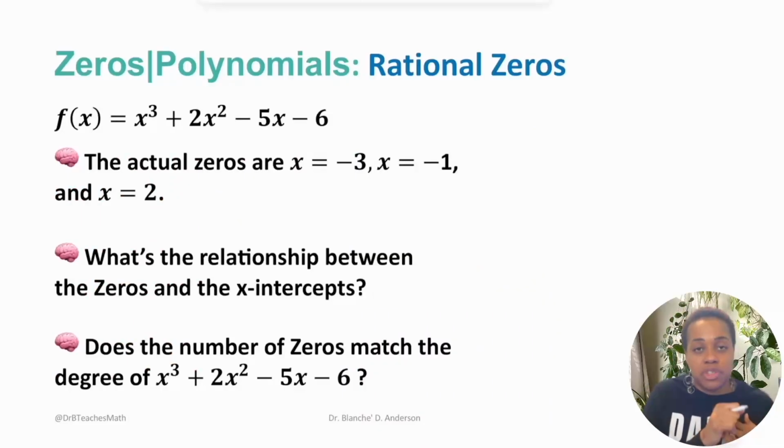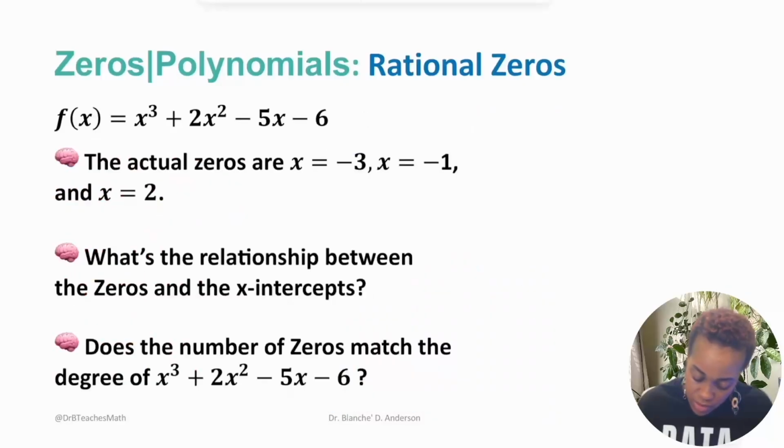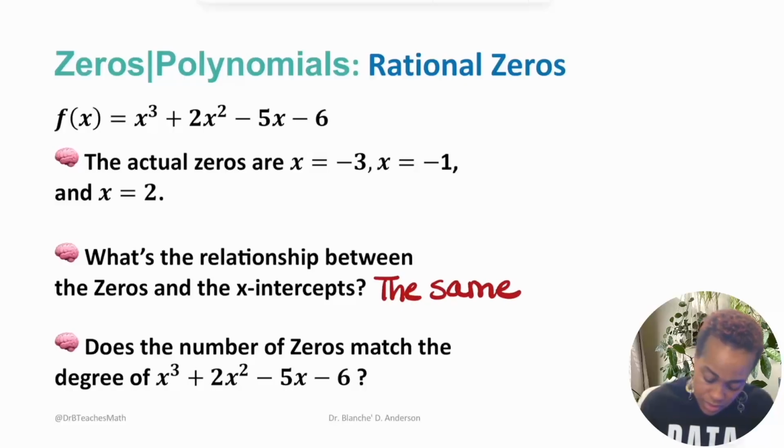What's the relationship between the zeros and the x-intercepts? Again, when we look at the graph, all of the zeros cross the x-axis. All of the zeros are where y is equal to 0. So these are x-intercepts, okay? So here I'm going to put they are the same. You're probably like, what?